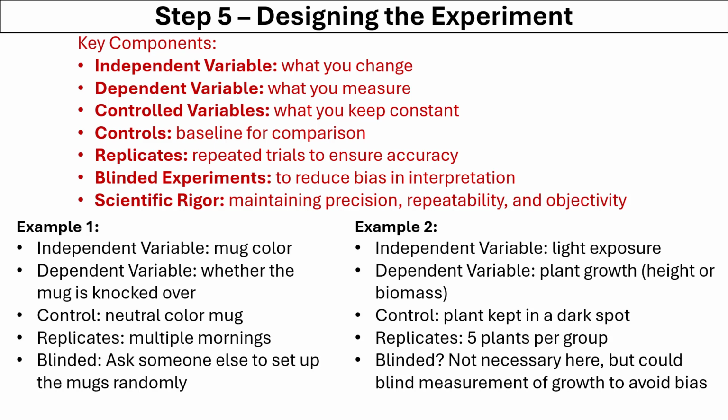In a plant experiment, the independent variable is light. And what are we measuring? We are measuring the effect of light on the growth of the plant. What controls can we have? We can keep one plant in the dark. So we have moved the plant that was previously in the corner to the window.